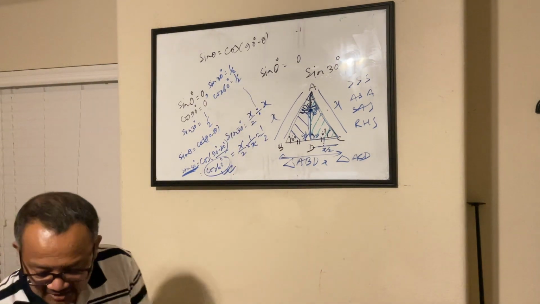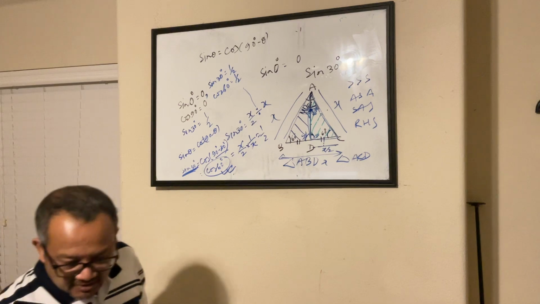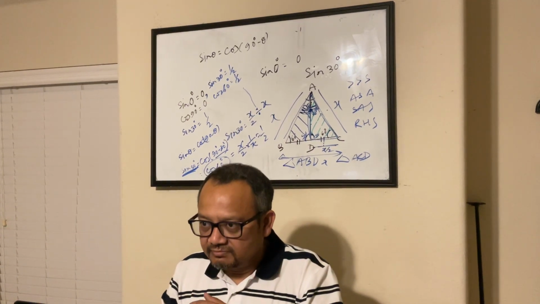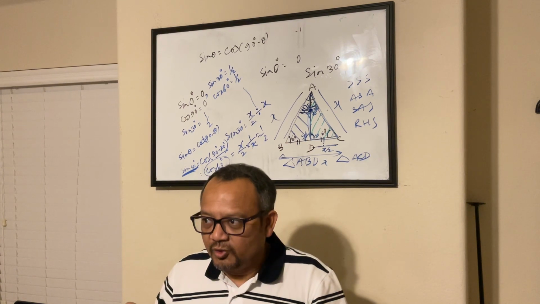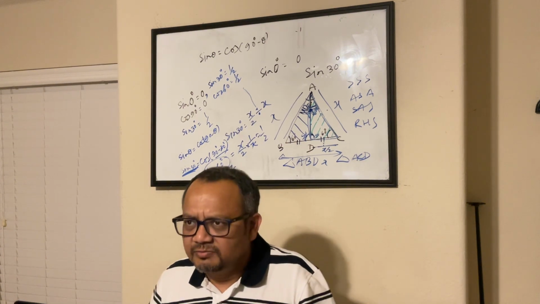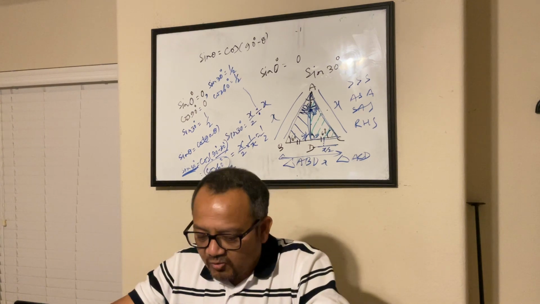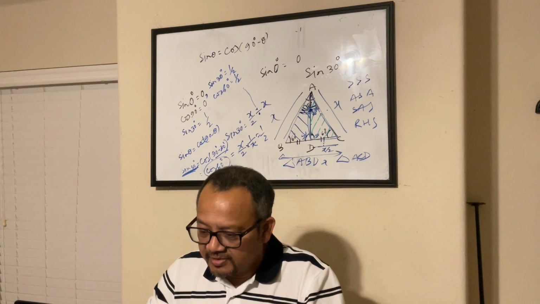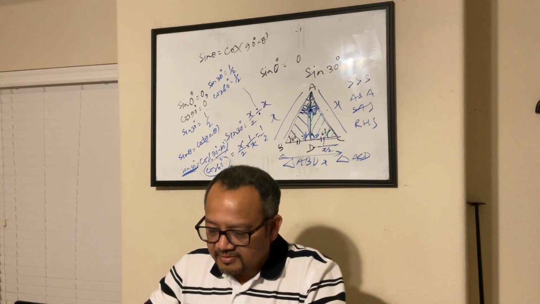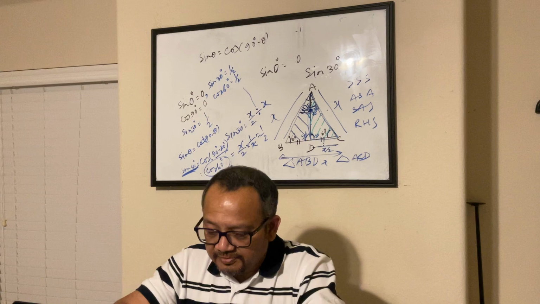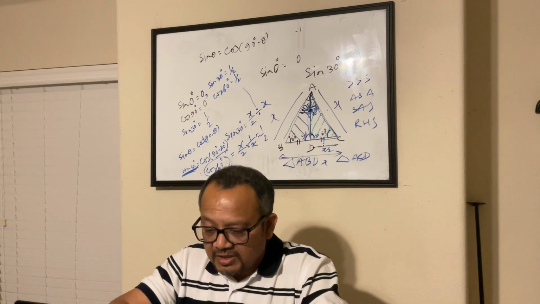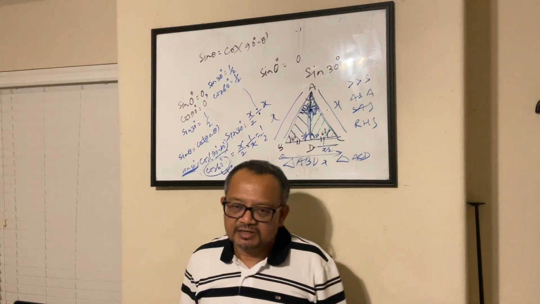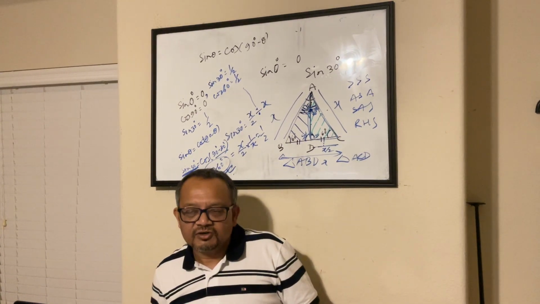Now one quick riddle. If I say sine of 42 degrees is, let's say, 0.36, I'm just making it up, what is the value of cos of 48 degrees?